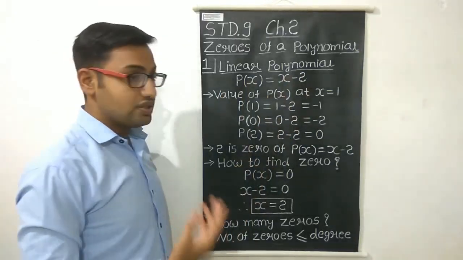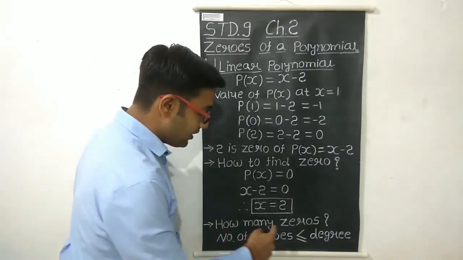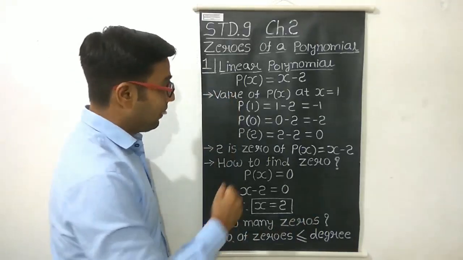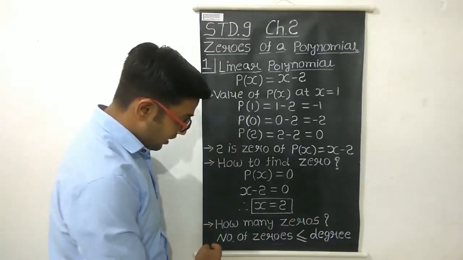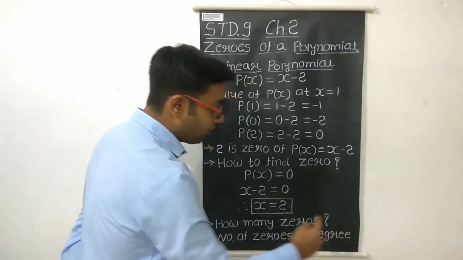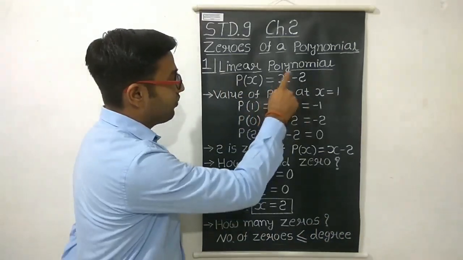Okay? Once again, one more question that arises in your mind is how many zeros does a polynomial have? There is a condition that the number of zeros is less than or equal to the degree of a polynomial. See, the degree of this polynomial is 1.